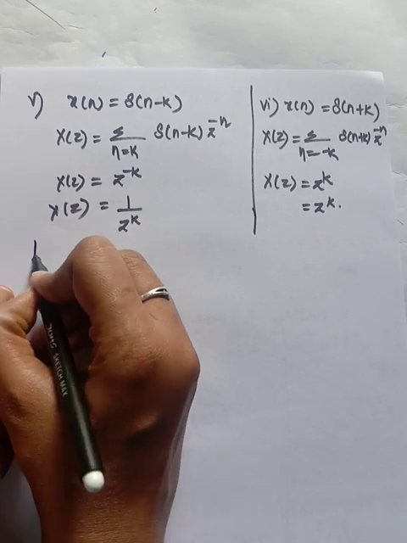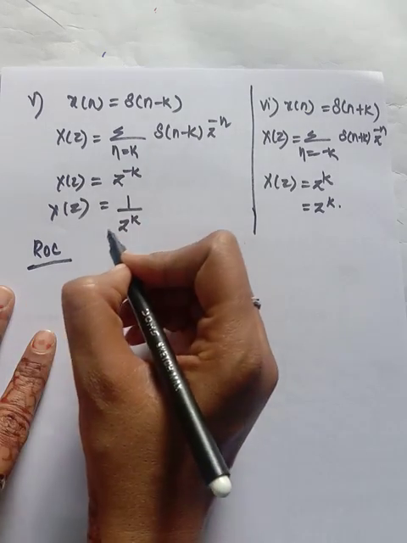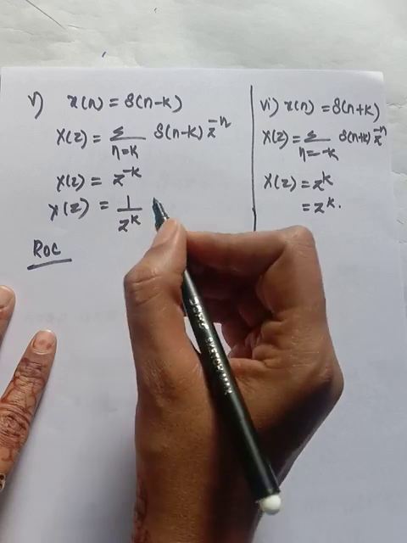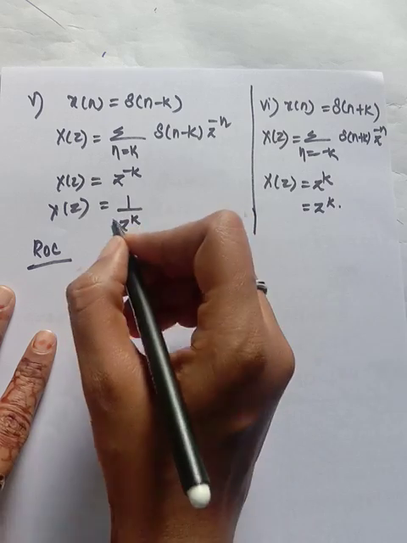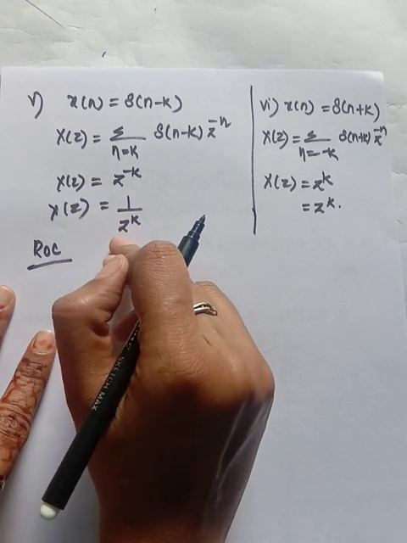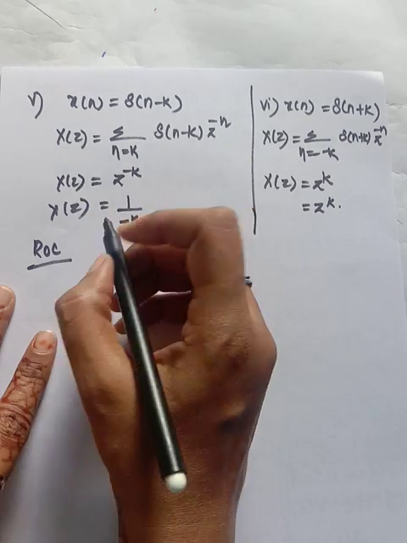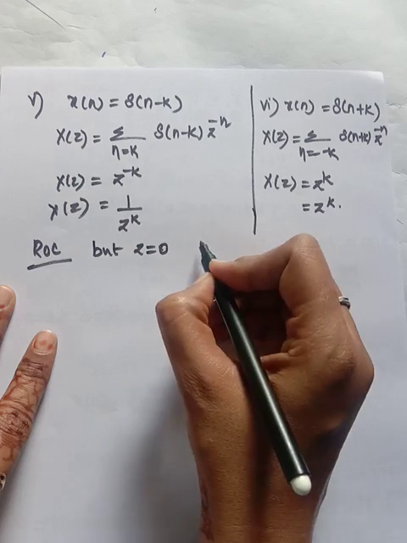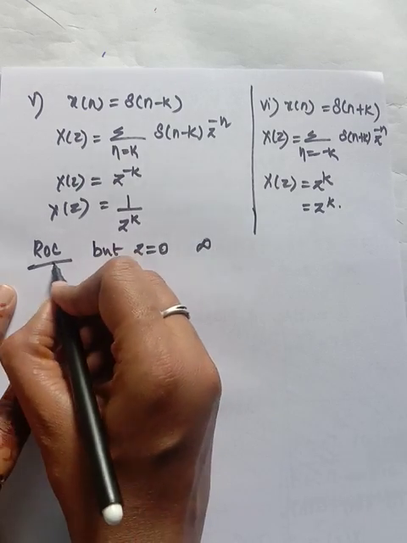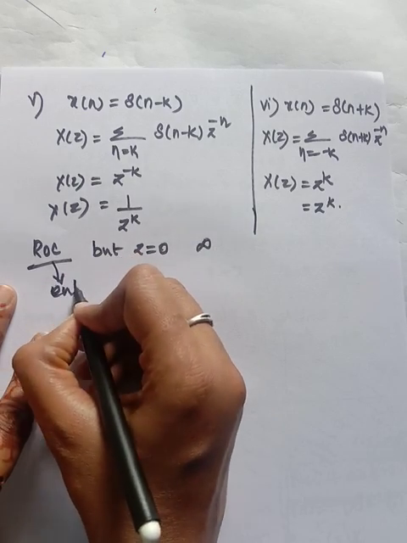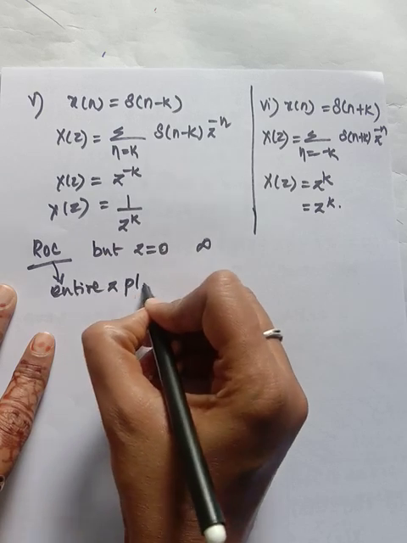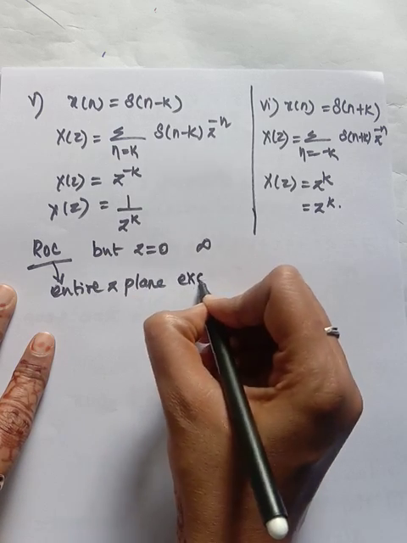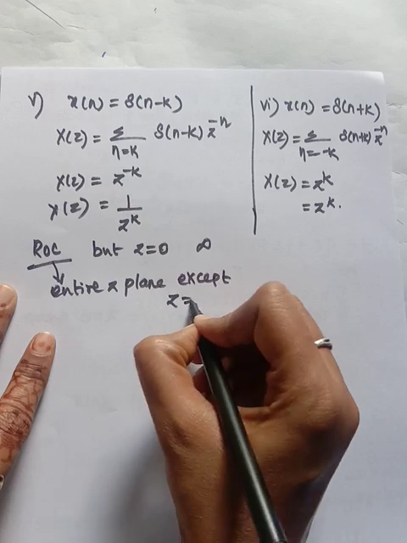Now if you want to find the region of convergence, this value will be finite for all values of z. Whatever value of z you substitute, you will get some finite value. But at z equal to 0, you will get an infinite value. So the region of convergence is the entire z plane except z equal to 0.